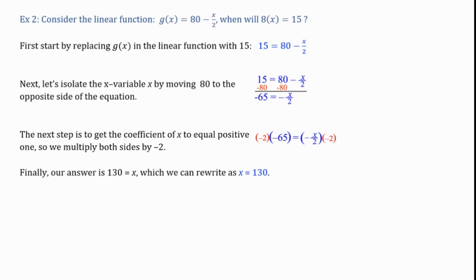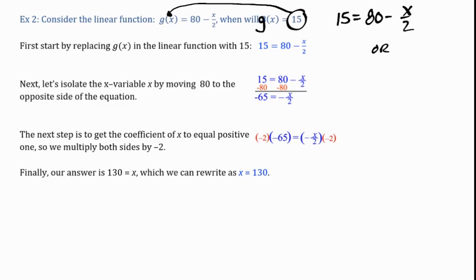So here's a second example. Okay, so this should say g of x is equal to 15. We're going to take that 15 and plug it in place of g of x. And we get the equation 15 equals 80 minus x over 2.